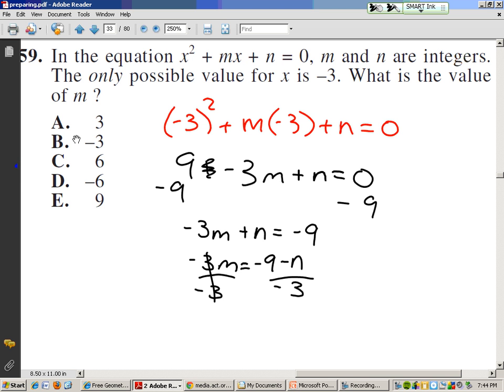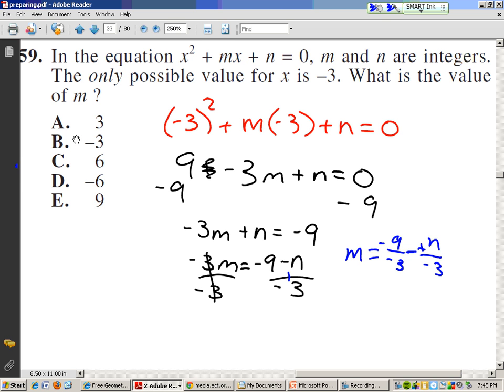So I'm going to get that m equals, and I'm going to go ahead and divide these. I'm going to separate these here, and I'm going to say negative 9 over negative 3 and negative n over negative 3. So this is like minus a positive n.